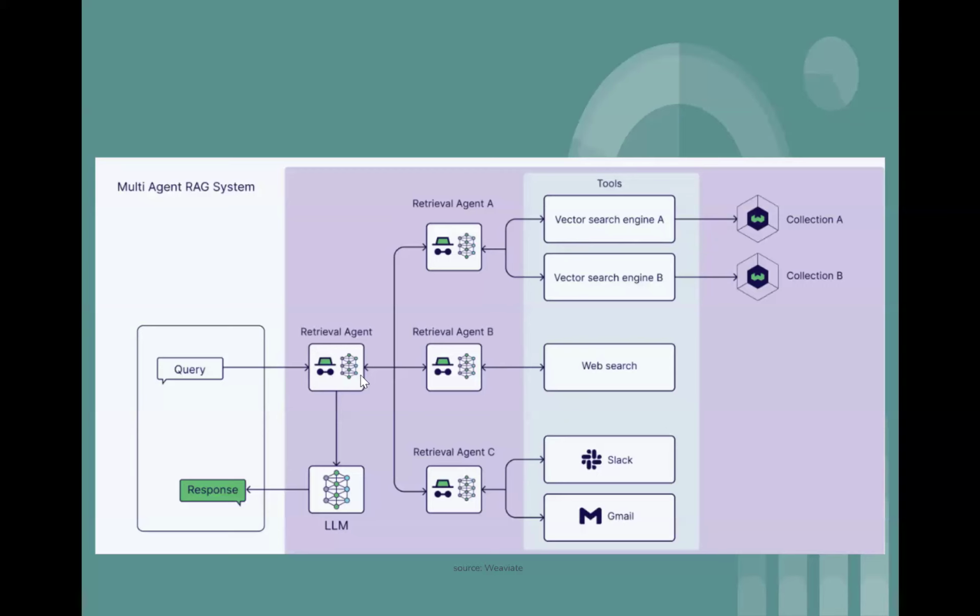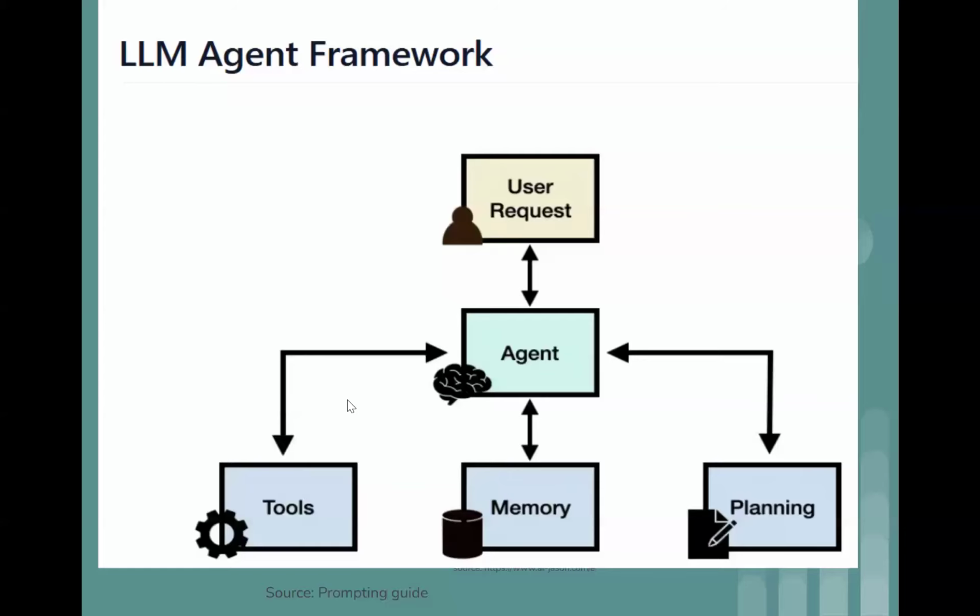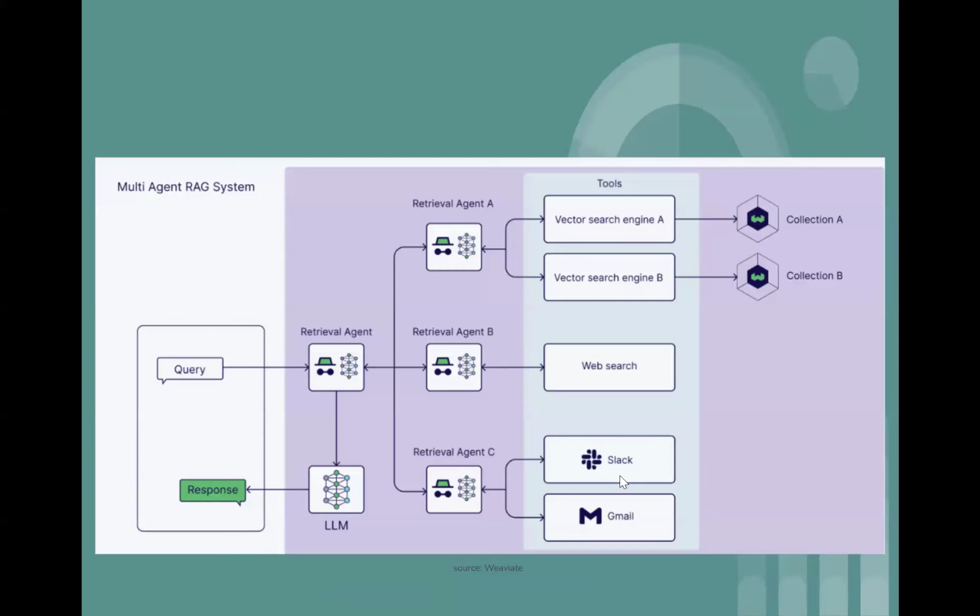Now, if it is web related information, right? So let's say who won the IPL 2025, that kind of question, or 24. So the agent will go to the web search tool. So that agent will call the web search tool and provide the information. Similarly, if it is communication, it will do this and pass to the LLM to summarize and answer the question for us.